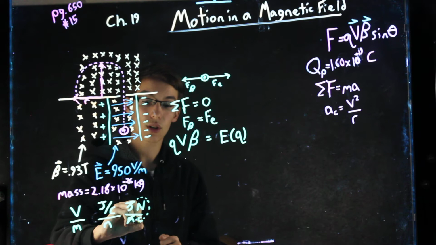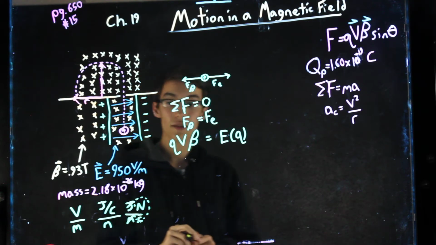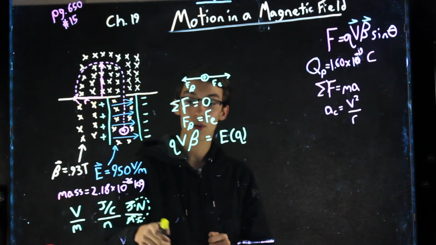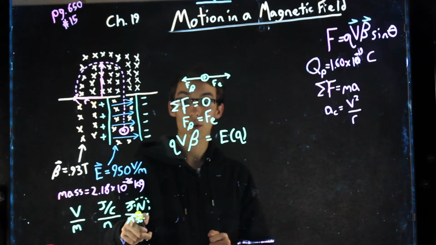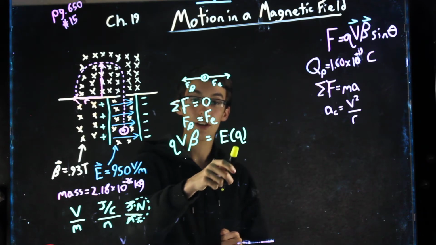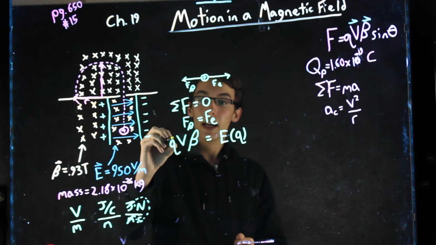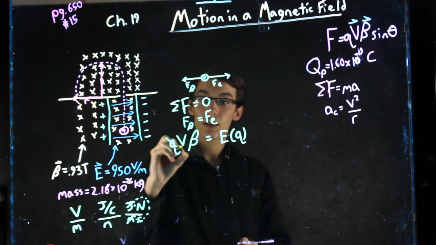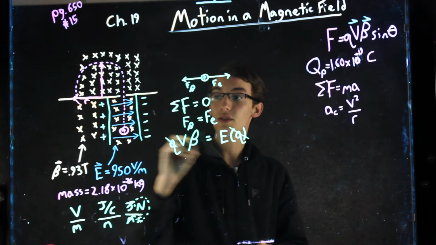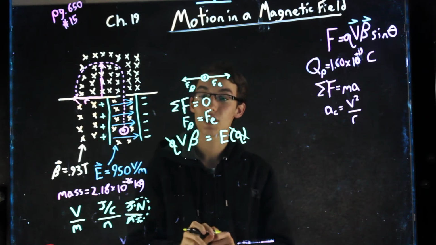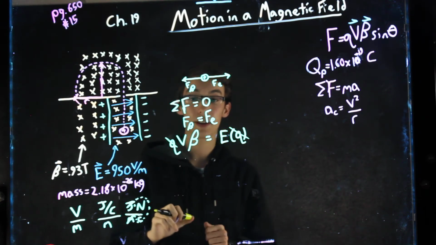So we get newtons per coulomb. So it makes sense that if our electric field is in the units of newtons per coulomb, in other words, force per charge, that we multiply it by charge to get force. Perfect. So, as you can see, we can actually cancel out our charges here. So for the purpose of finding our initial velocity, the charge doesn't matter, but it will matter later.